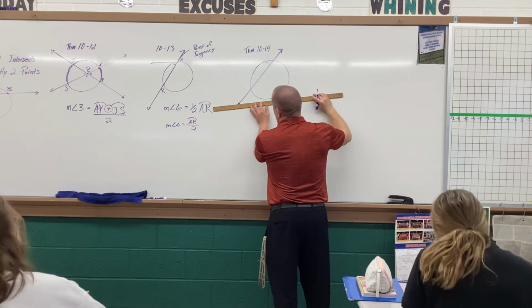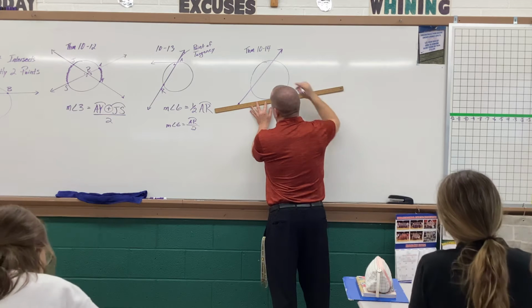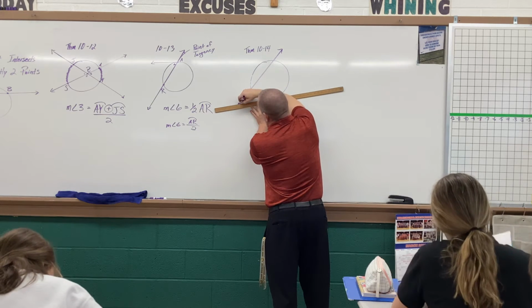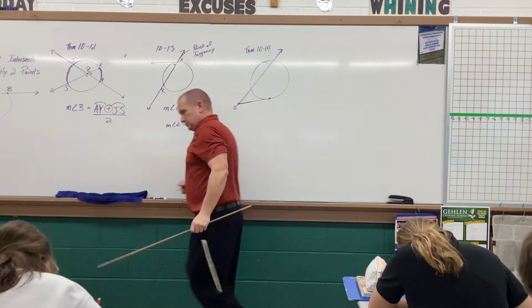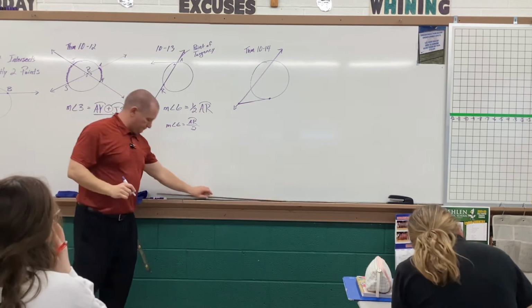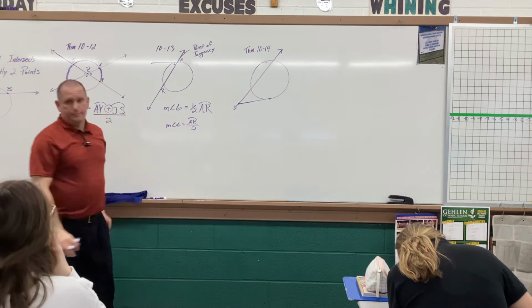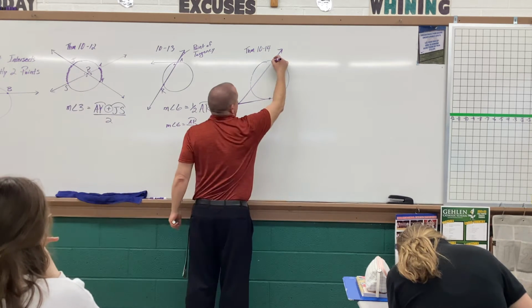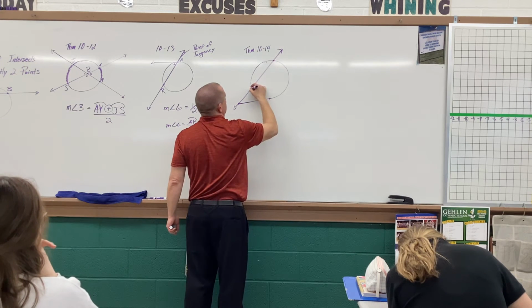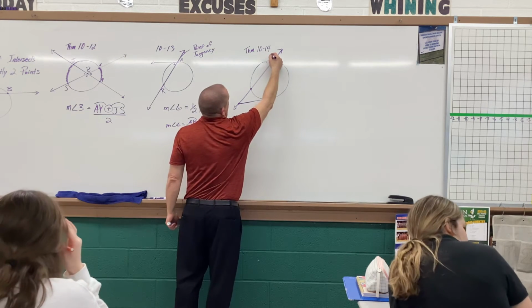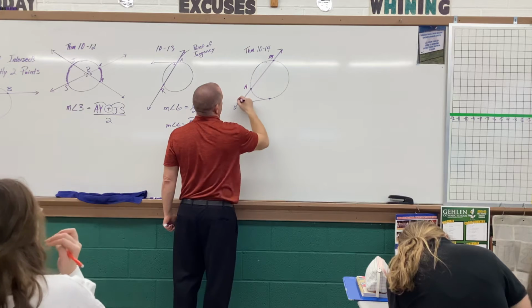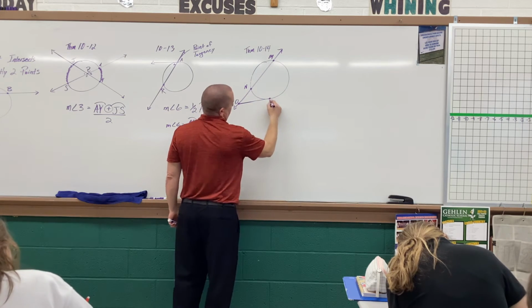And then draw either another secant or a tangent. I don't care which one you do. And then let's put a dot up here where my secant was formed. Now, what should we name them? I don't care. M, N, O, P. Okay?